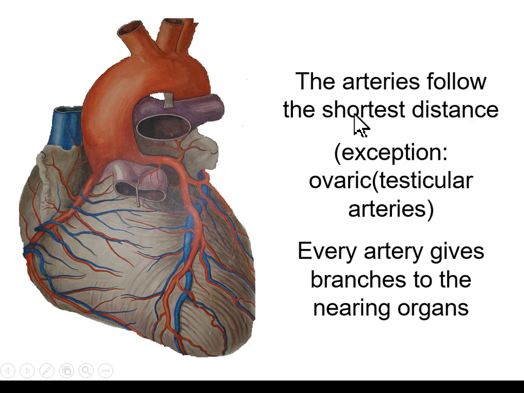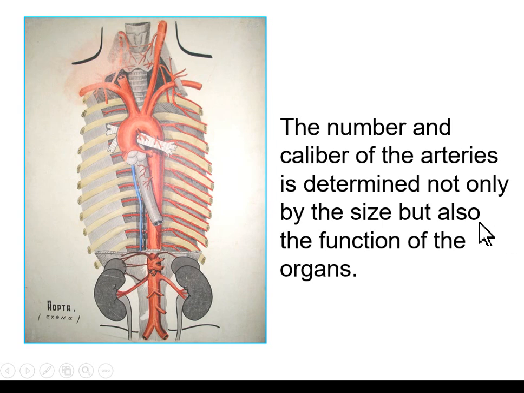Arteries follow the shortest distance, exception ovarian and testicular artery. The number and caliber of the arteries is determined not only by the size but also the function of the organs. For example, thyroid glands, just very important glands.